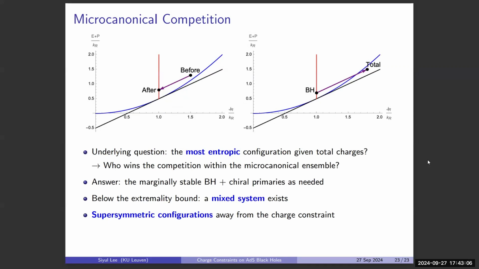So at these values of total charges in the microcanonical ensemble, there could be a composite system of black hole and chiral primaries whose entropy is the maximum among all systems with those total charges. And restricting this scenario onto this diagonal line gives you an answer of whether there could be supersymmetric configurations away from the charge constraint, which is exactly this point.